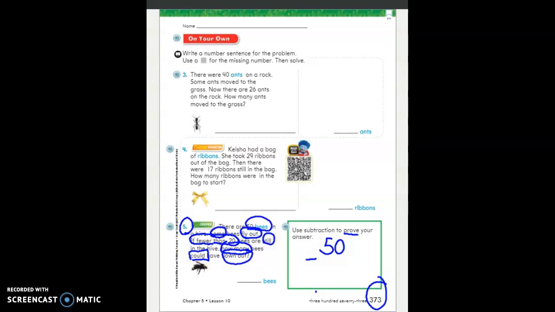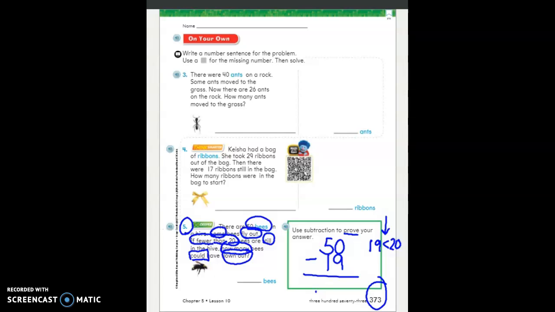But I'm going to use a number that is less than 20. You can choose any number as long as it's less than 20. So I'm going to use the number 19 because I know 19 is less than 20. I know that. So it has to be less than 20. So I'm using that number.